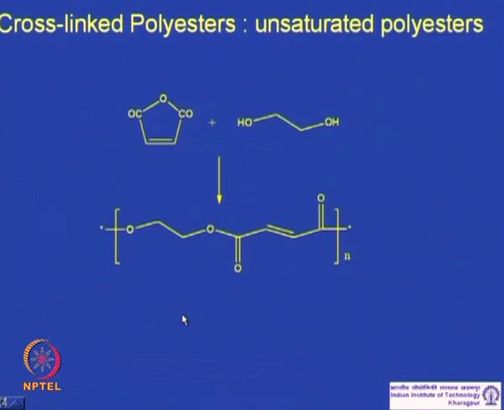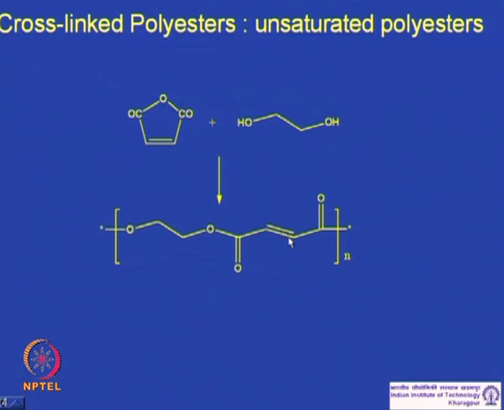Move to the next one, which is cross-linked polyester. In this case, one example is maleic anhydride reacting with ethylene glycol, and once the polymerization is complete, you have a double bond in the polyester backbone. So, you have synthesized in this way an unsaturated polyester.